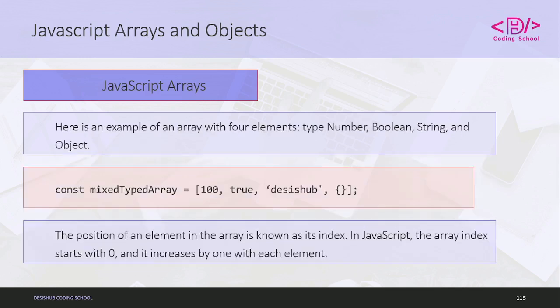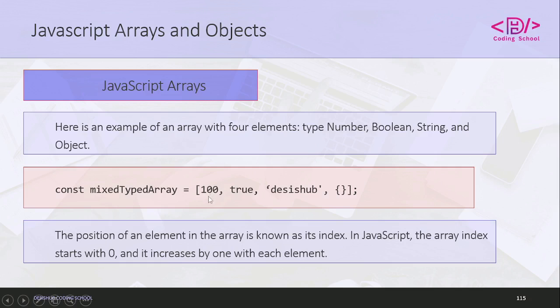So let's see an example of an array containing 4 elements of different types. For instance, I have here a variable called mixed type array, and you can see my array is enclosed inside brackets, and it has some items inside.